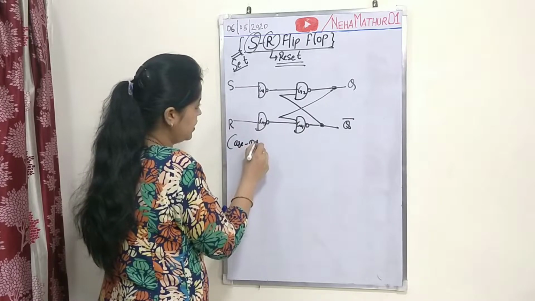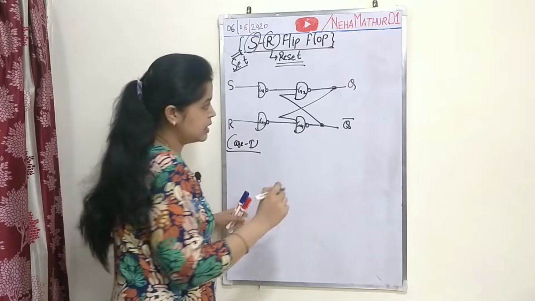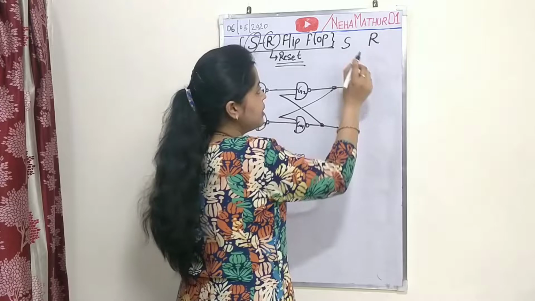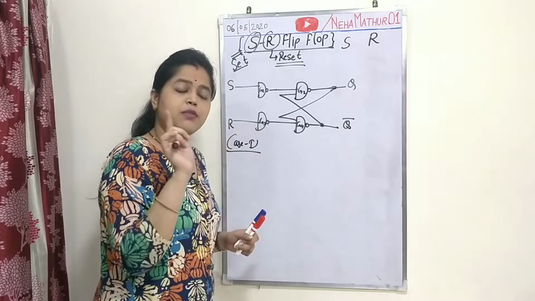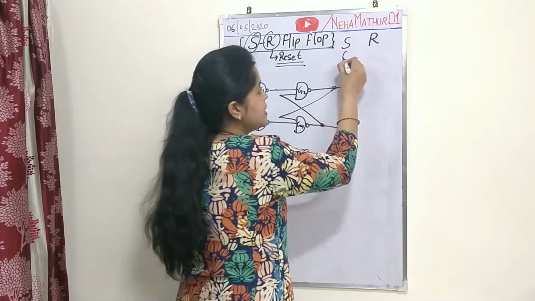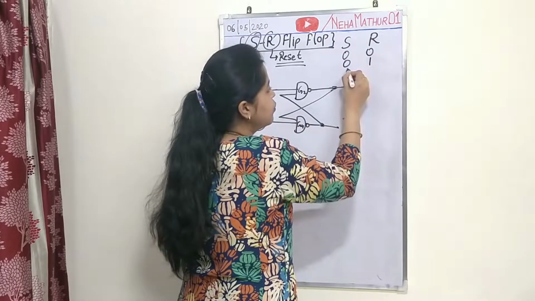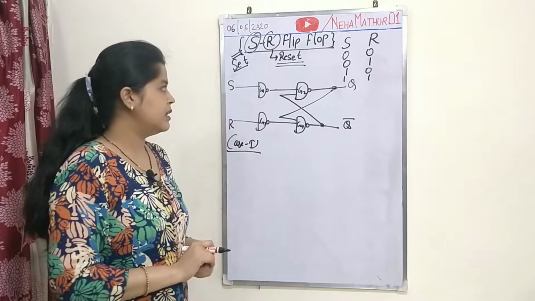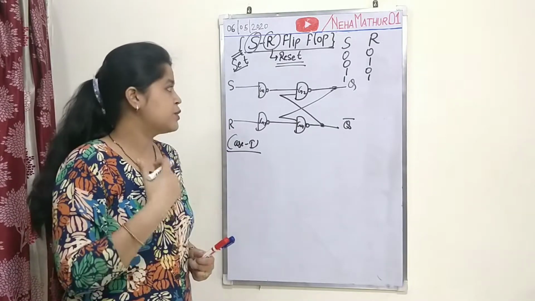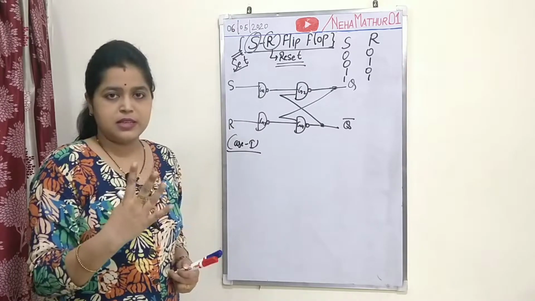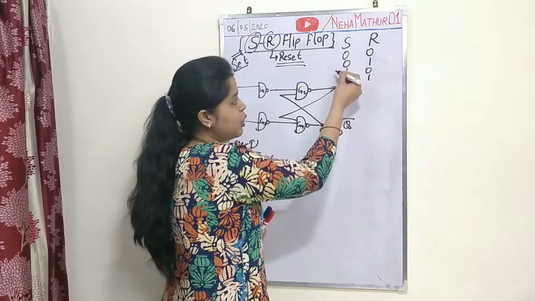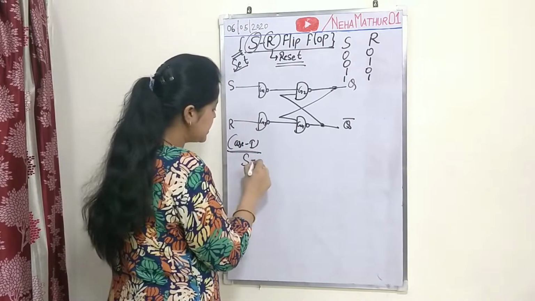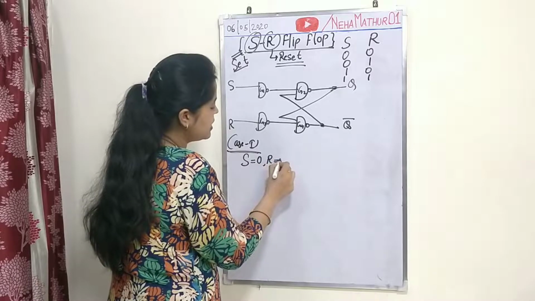See, here you have 2 inputs, S and R, and the values of these 2 inputs in binary form may be 0 0, 0 1, 1 0 and 1 1. So the working of this circuit can be explained with the help of 4 cases, taking one combination of inputs at a time. In the first case, I am taking S equal to 0 and R also 0.